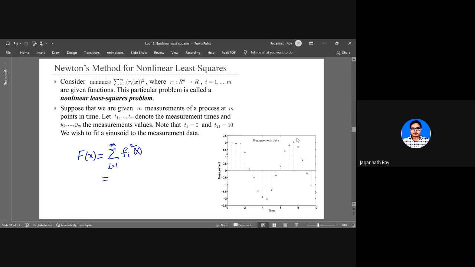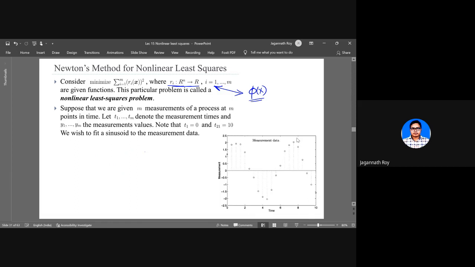This is nothing but the phi of x function type.